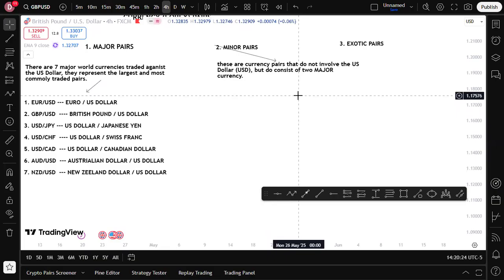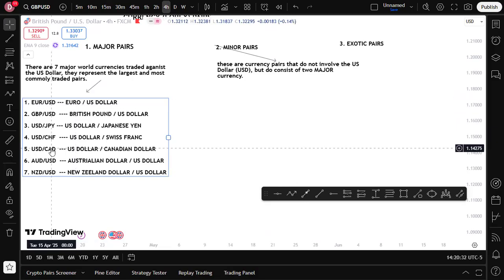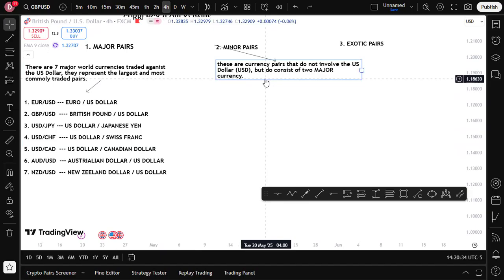Not like you see here, where each currency is attached with the US dollar. But for minor pairs, they do not have the US dollar attached. They consist of the other two major pairs.